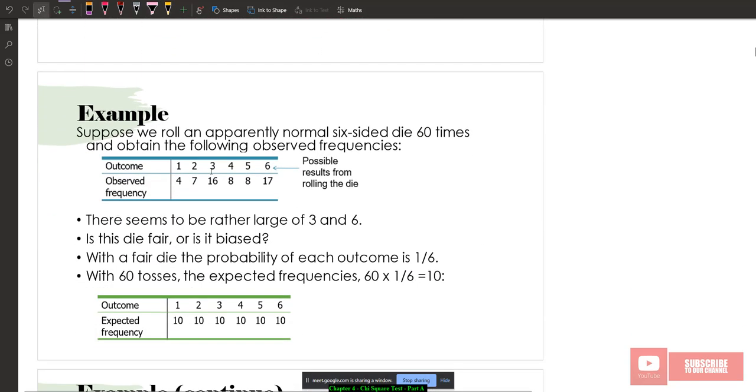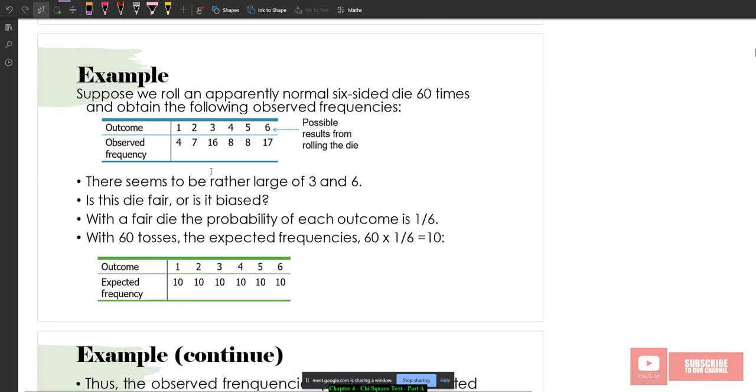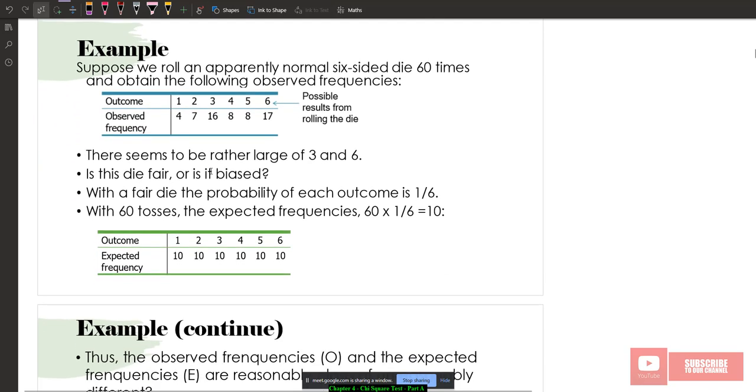So now look at this example. Suppose we roll an apparently normal 6-sided die 60 times, and we obtain the following observed frequencies.